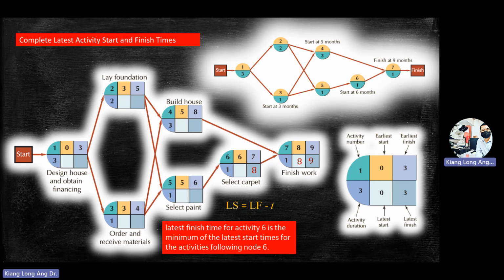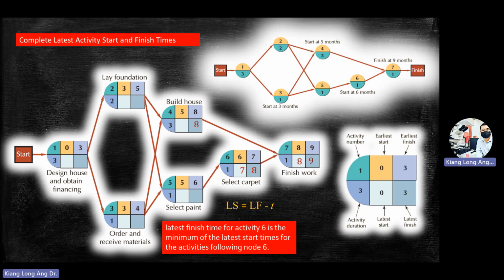Now, latest start time for activity number 6 is the minimum of the latest start time for activities following node 6. So take this one minus this one, 7.